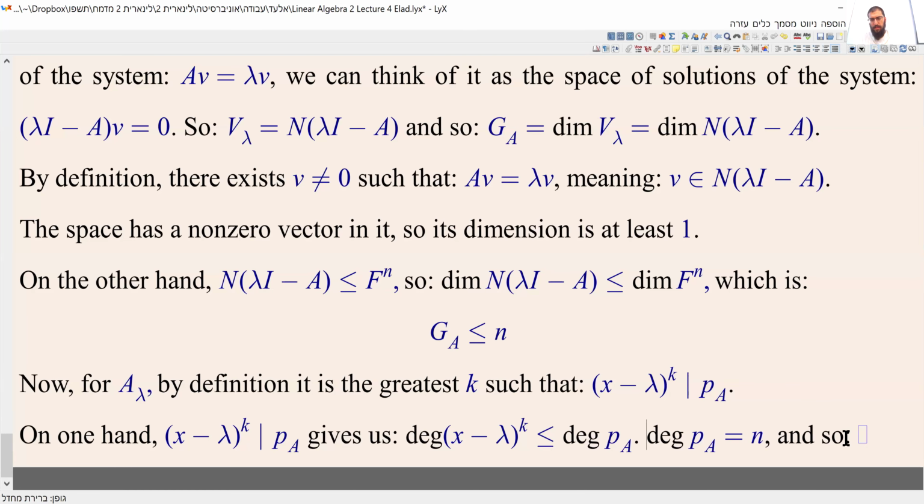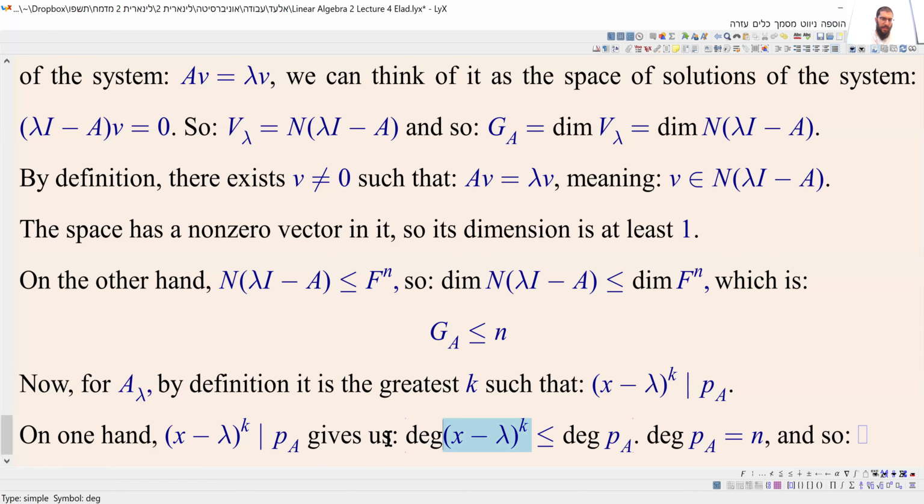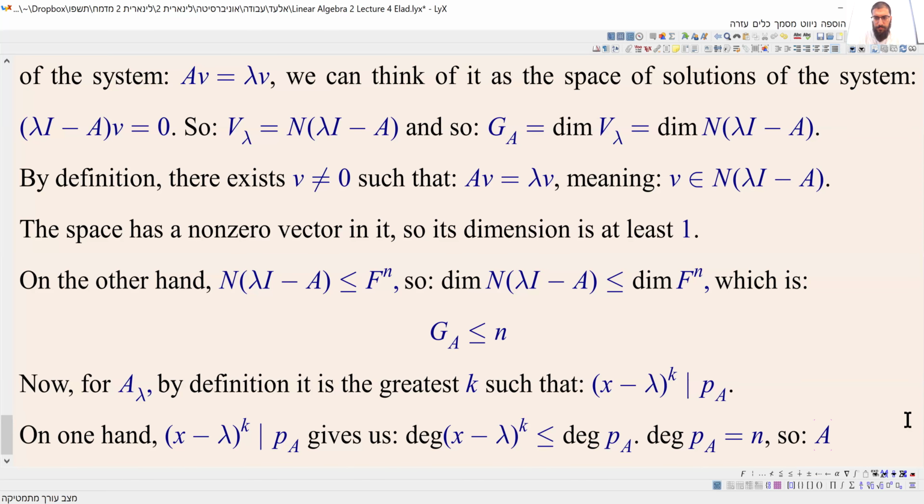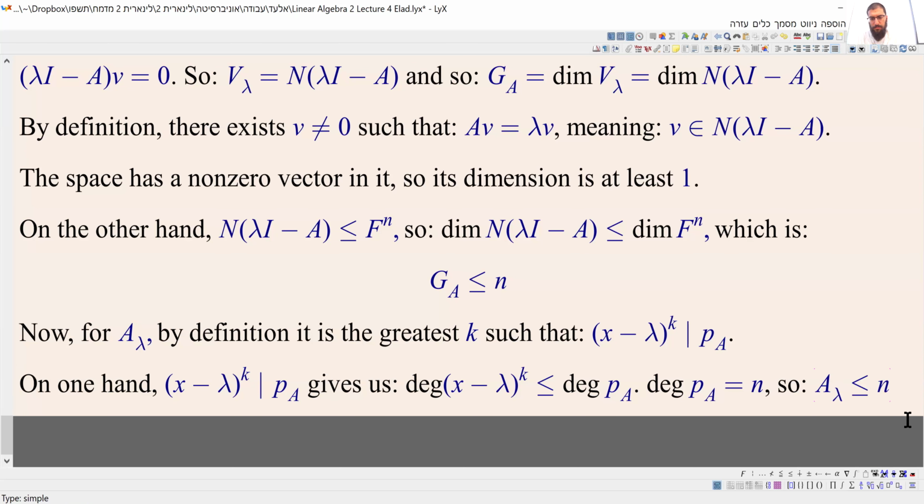Now, the degree of PA is n and the degree of x minus lambda to the power of k is A lambda. So we have that A lambda is smaller than or equal to n.